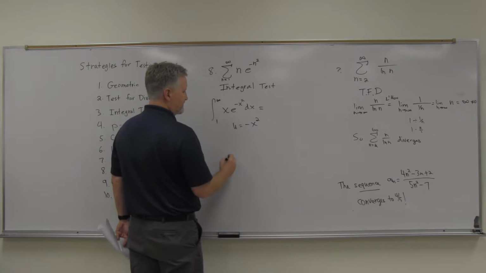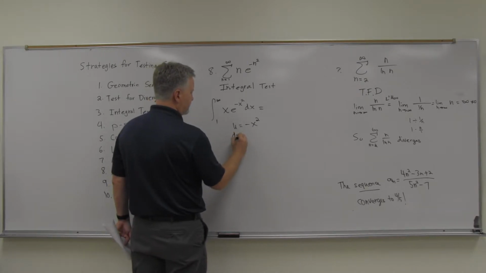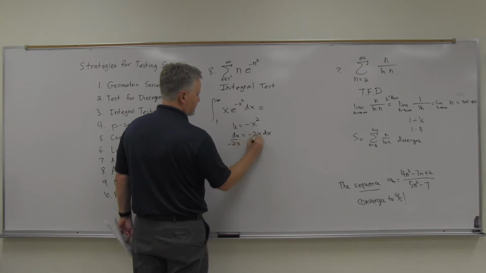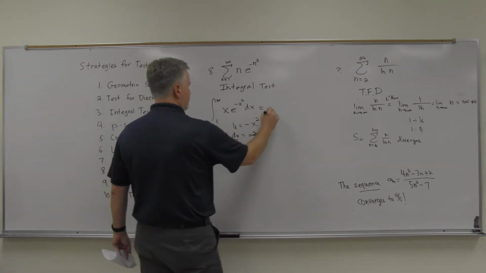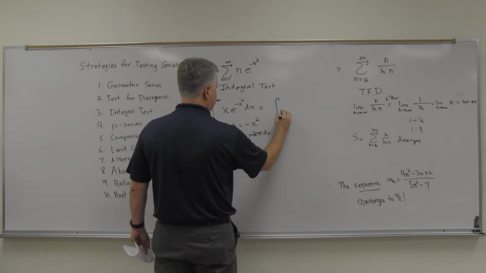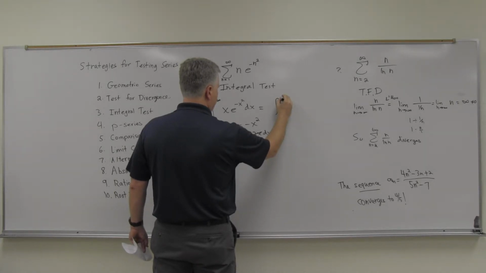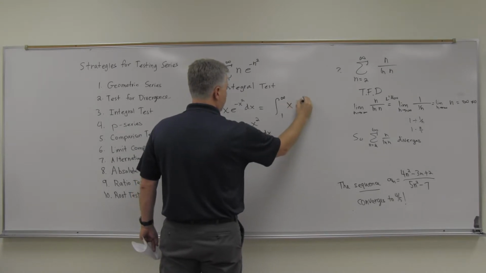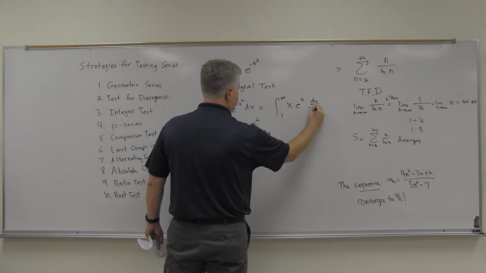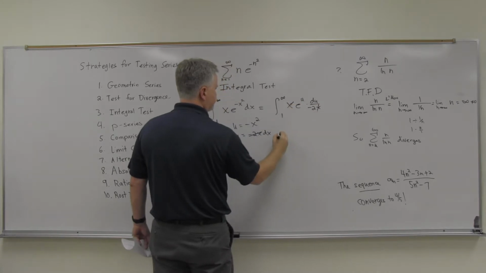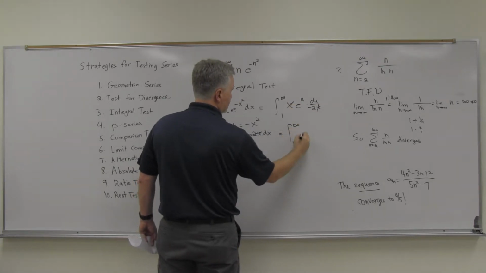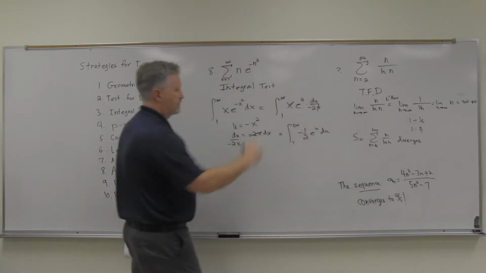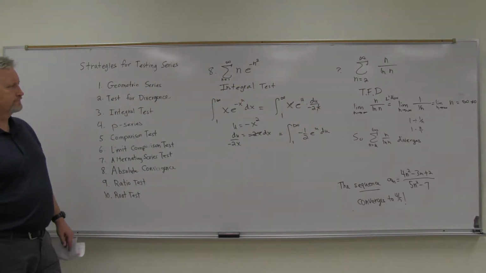We let u equals negative x squared. du would be negative 2x dx. So my dx is going to be du over negative 2x. That'll be a good one, because then it's just negative 1/2 e to the u du.